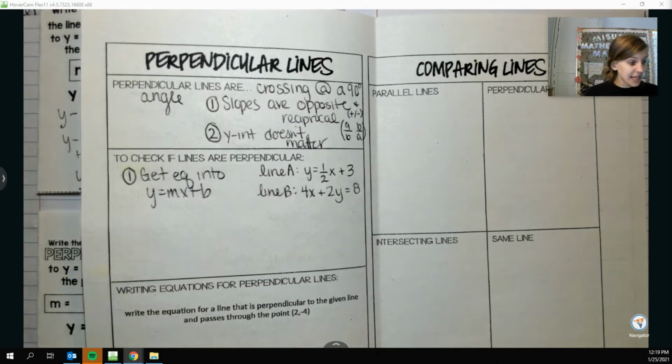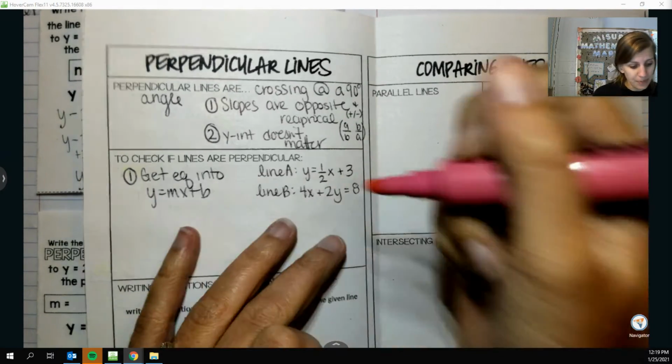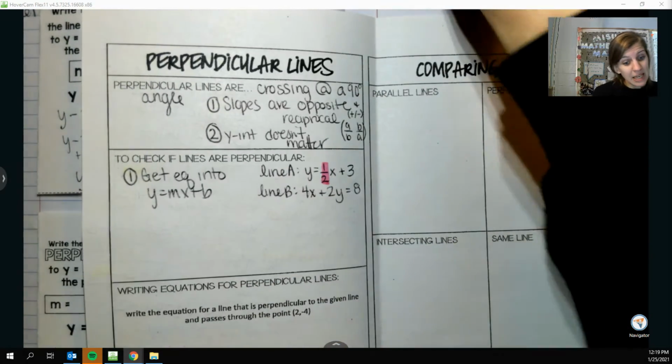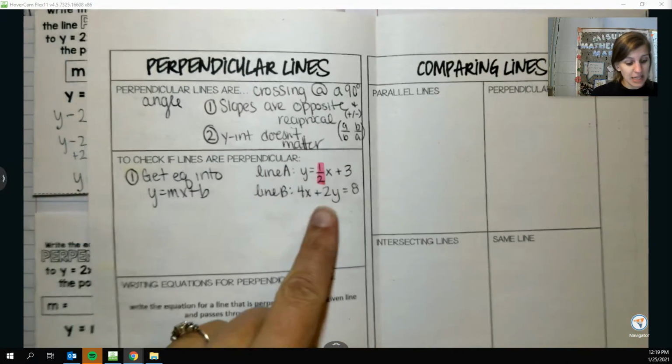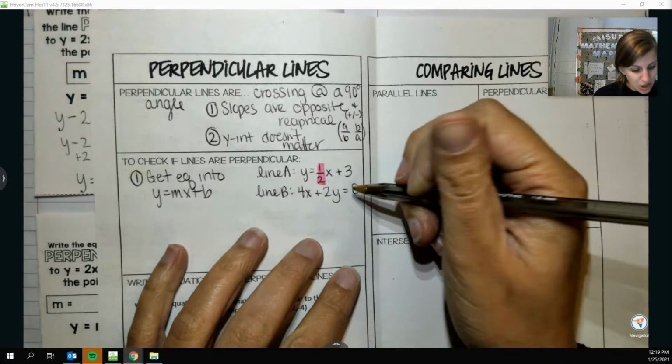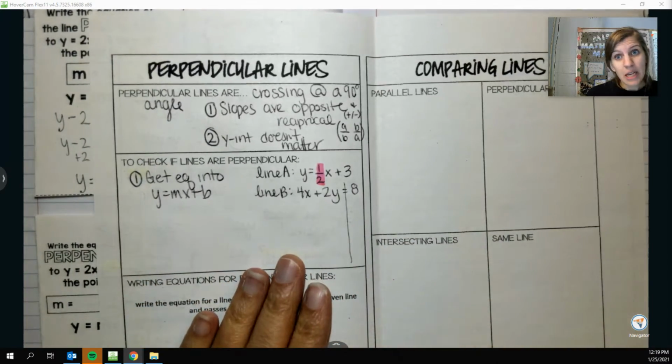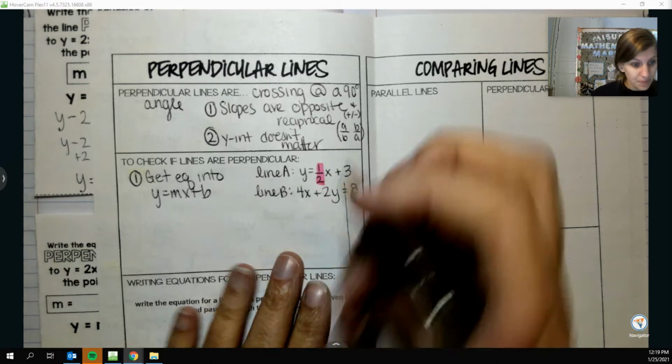In line A, I can see the slope already because it's in y equals mx plus b, and my slope is half. But line B is not in y equals mx plus b. It's actually in standard form. So to get it in y equals mx plus b, I need to get y alone.